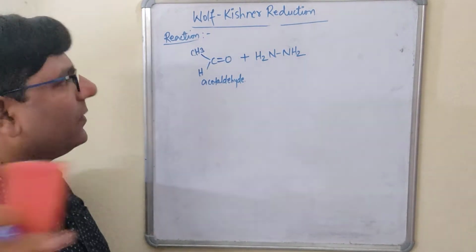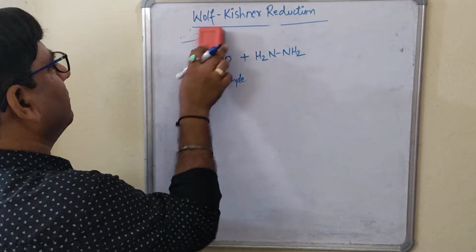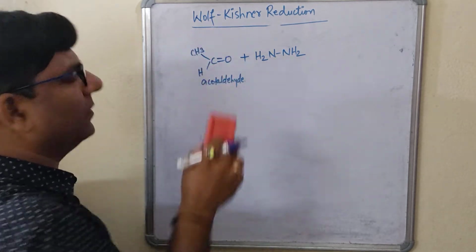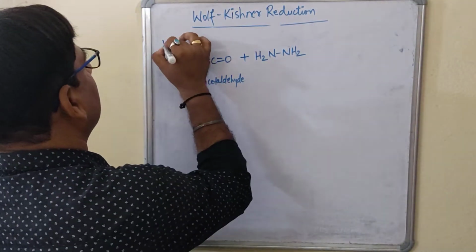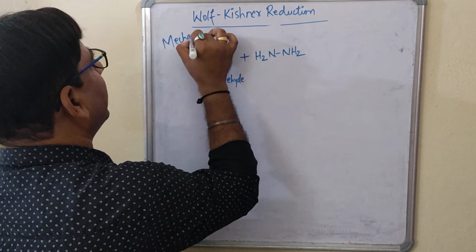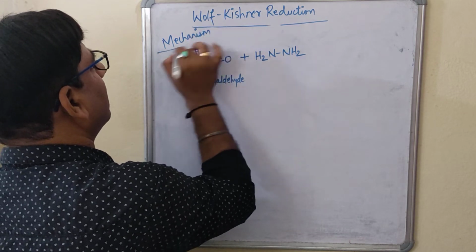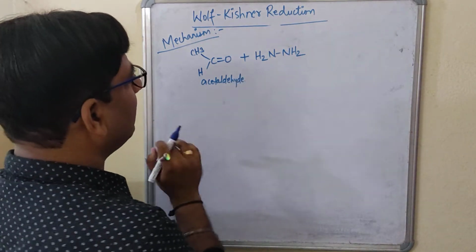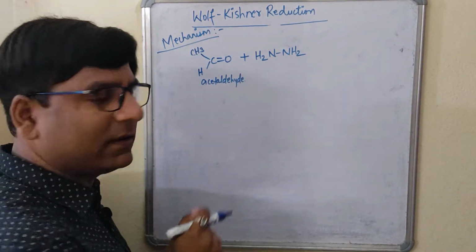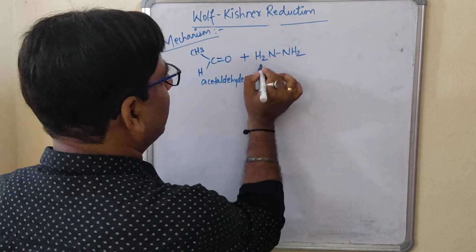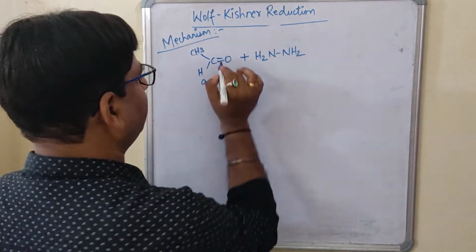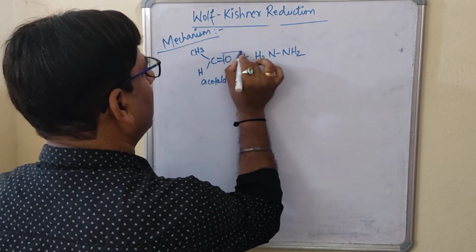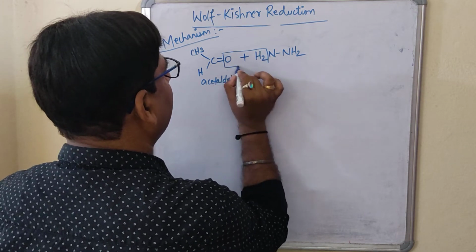This is the mechanism I am telling you. Already we have seen the reaction. Now we are seeing the mechanism of it. When you are reacting with this, what will happen? How will it react with the hydrazine? This oxygen and this hydrogen, H2. You can do like this.